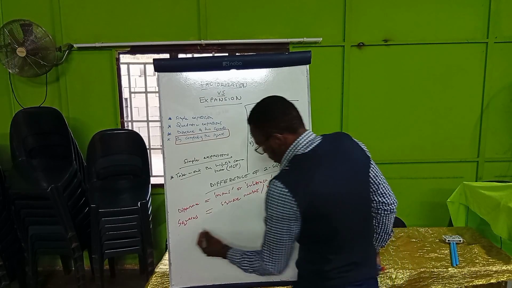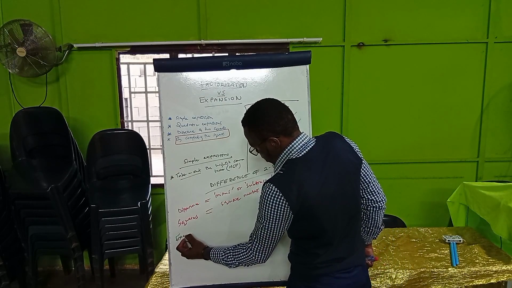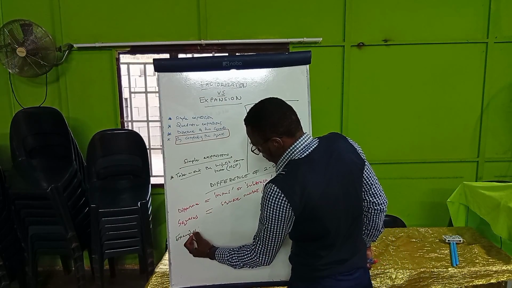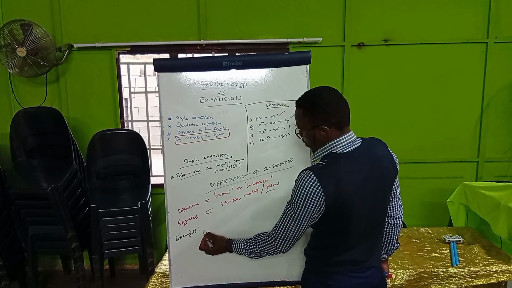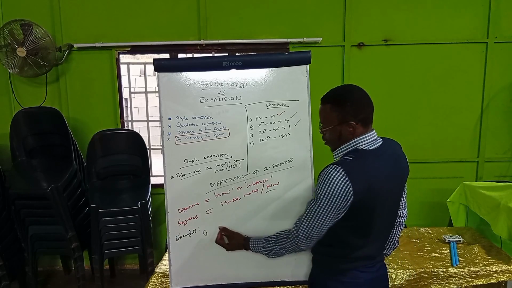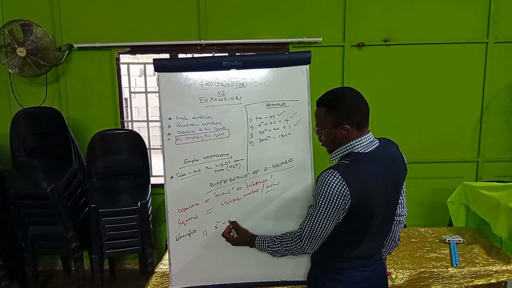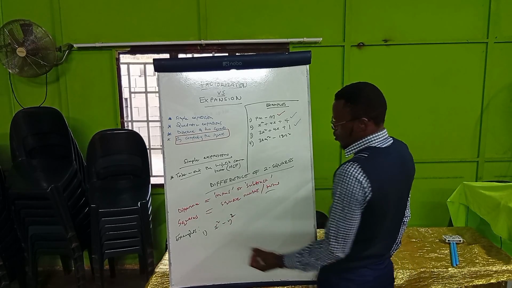So for instance, here are some examples of a difference of two squares, and I'll also show how to factorize them simply. So x squared minus y squared, this is the difference of two squares.